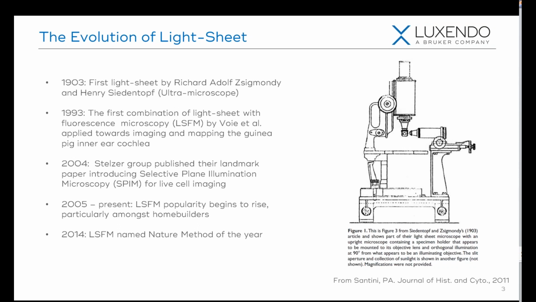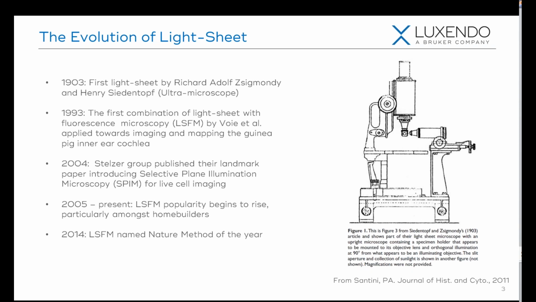The original ultramicroscope used orthogonal illumination by essentially illuminating with sunlight, and was used for visualizing particles in suspension. Zsigmondy actually later won a Nobel Prize in chemistry for this work on colloidal solutions in ultramicroscopy. But this was largely forgotten.